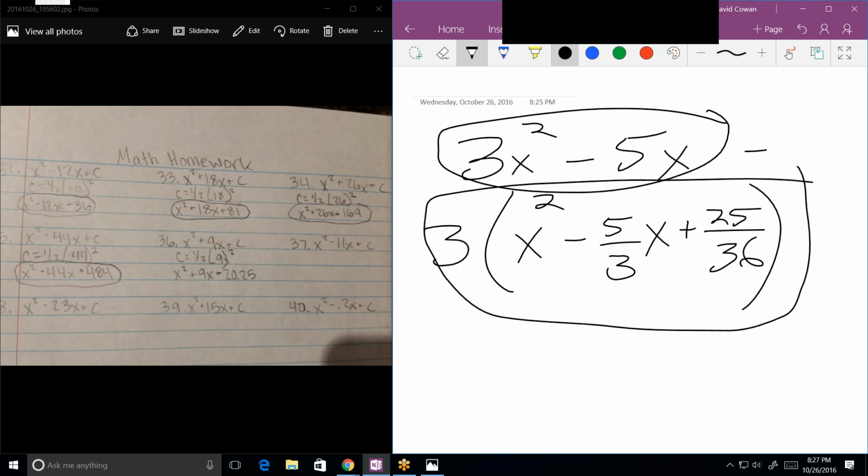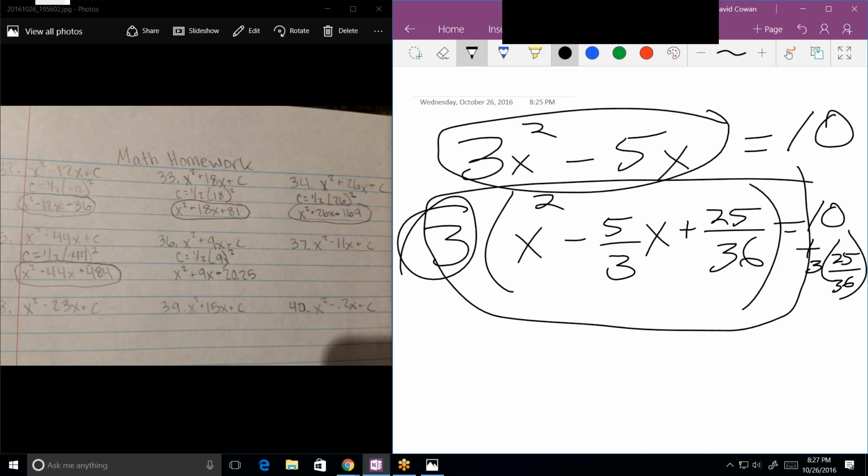So if all of that was equal to 10, then I would have to add something to the right side, in other words, plus 3 times 25 over 36. The key is that when you complete the square, you have to make the adjustment by considering that also.